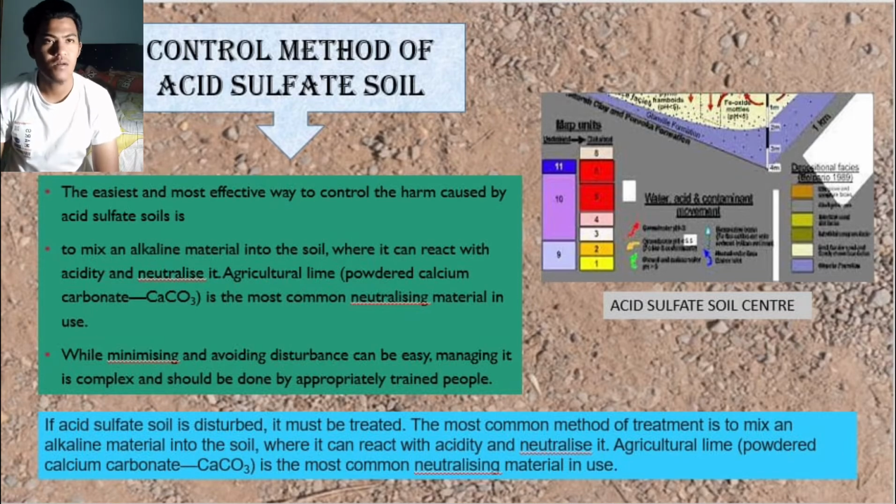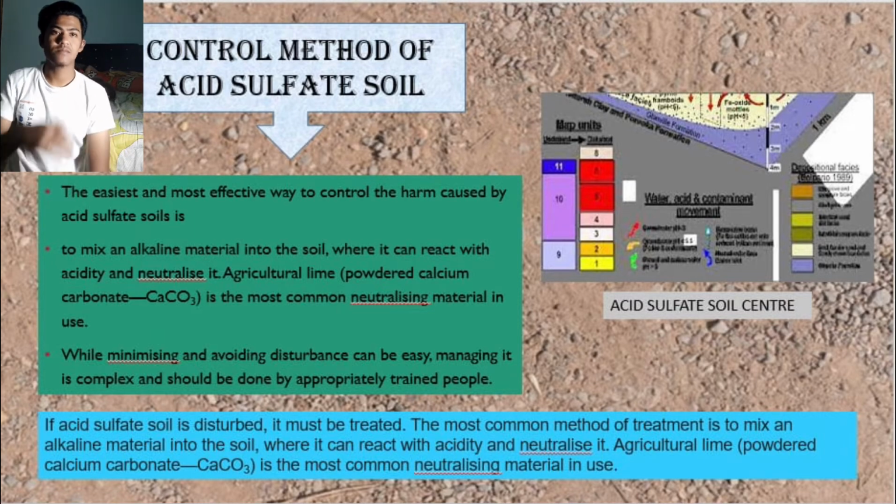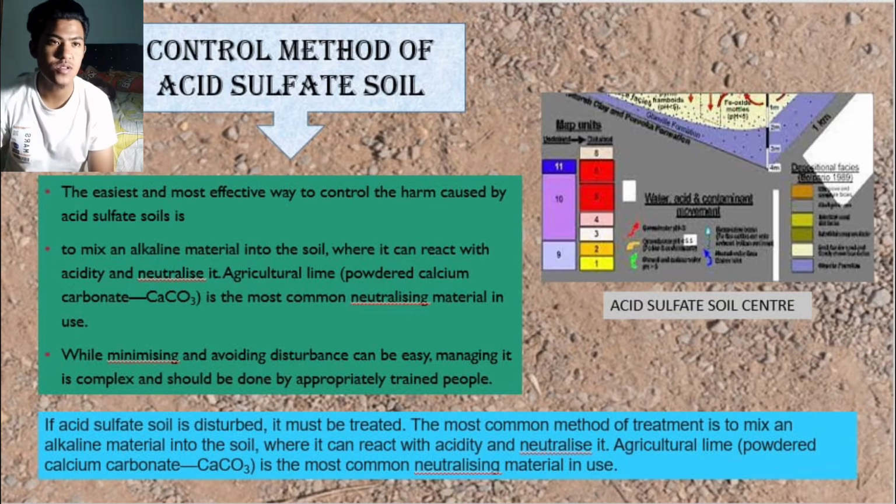And now I will explain about control methods of acid sulfate soil. The easiest and most effective way to control the harm caused by acid sulfate soil is to mix an alkaline material into the soil where it can react with acidity and neutralize it. Agricultural lime, powdered calcium carbonate (CaCO3), is the most common neutralizing material in use.